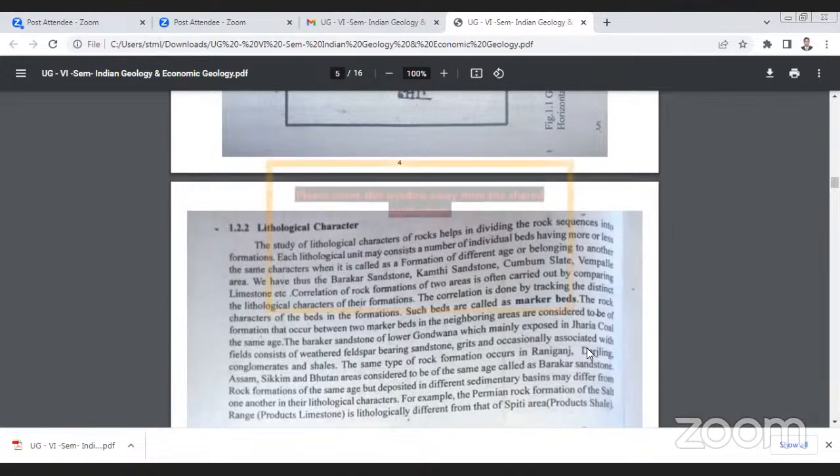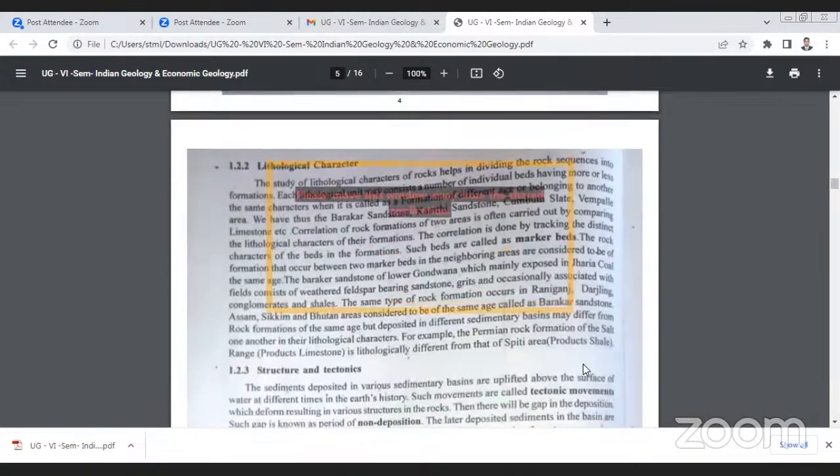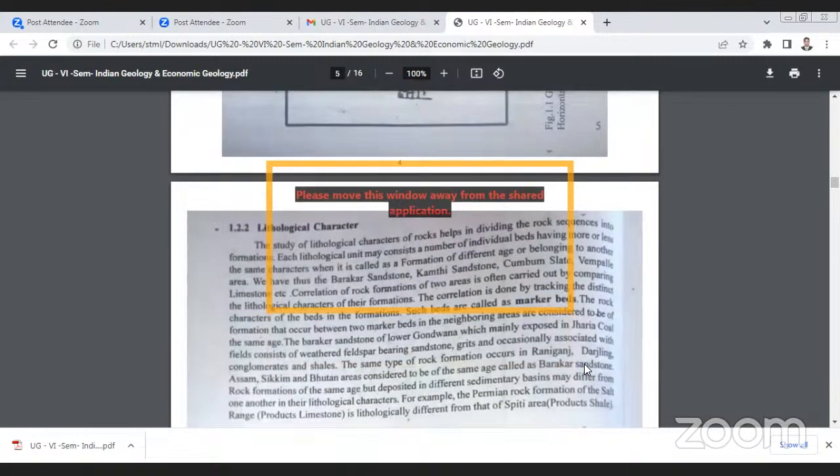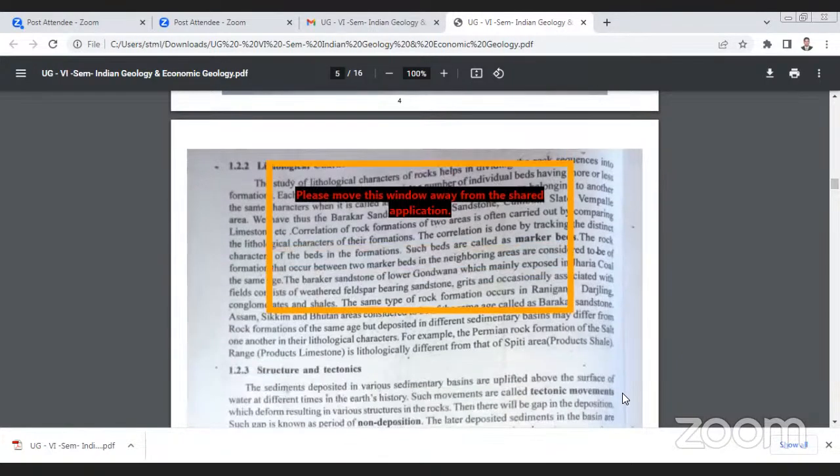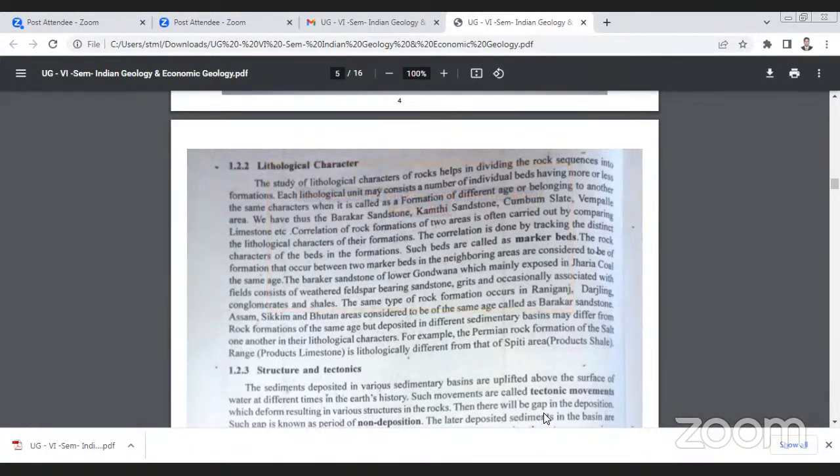These rock formations belong to the same age but were deposited in different sedimentary basins, so we can say the lithological characters may be different. For example, the Permian rock formations of the Salt Range, the Productus limestone, are lithologically different from those of Spiti and other areas.